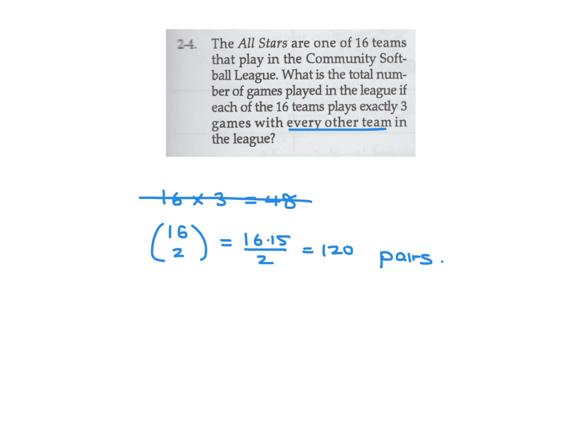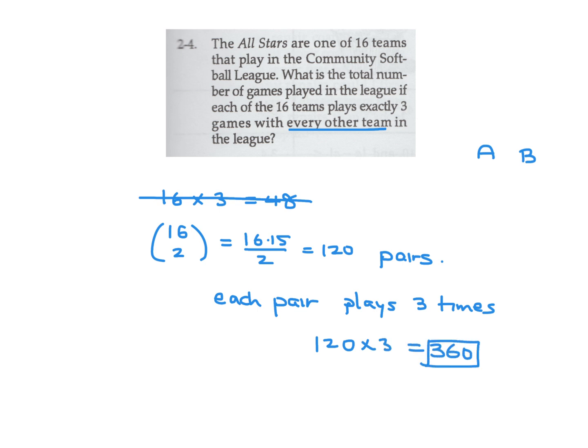Yeah, so for example, Team A is paired with Team B. That's a pair. And then each pair would play 3 times. So then you take that 120 and multiply by 3. So that is the right approach, I believe. 360 would be the answer to this question.